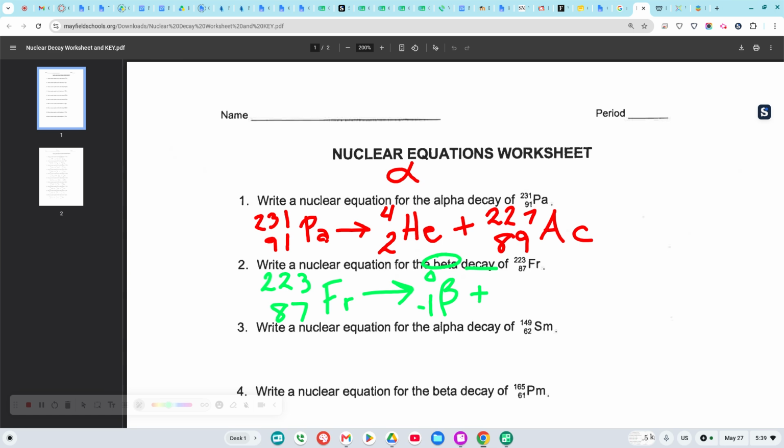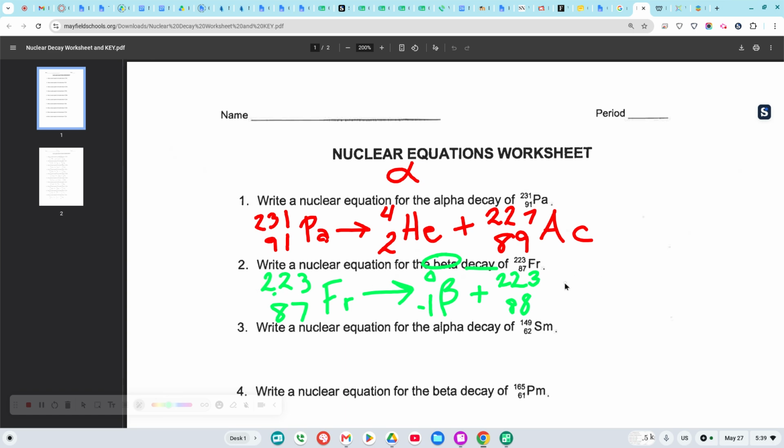So let's find out what it decays into. What plus 0 equals 223? Well, the mass doesn't change at all. What plus a -1 gives me 87? It's going to have to be up 1 and go 88. 88 plus -1 equals 87. 223 plus 0 gives us 223.